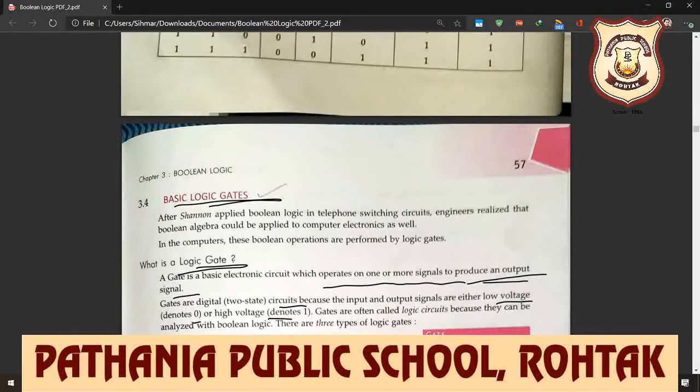Gates are often called logic circuits because they can be analyzed with Boolean logic.